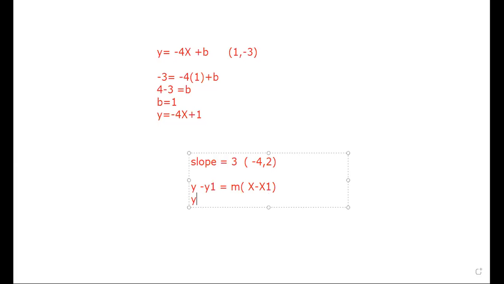It will be y minus 2 equal 3, m, and then x minus negative 4, so plus 4, because negative times negative will be positive. So we have plus 4, right? So this was question number 1 in your workbook, page 40.